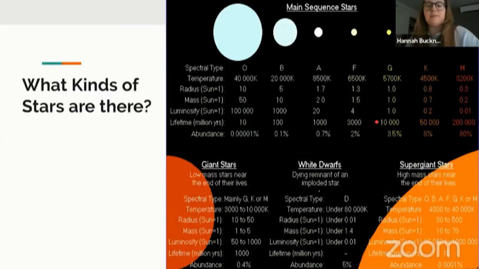A-type sequence stars have a surface temperature of about 8,500 Kelvin, which is much closer to what our sun experiences. It's slightly bigger than our sun, 1.7 times greater, and it has a mass that is double the size of our sun. It's about 20 times brighter, and it can live for about 1,000 million years.